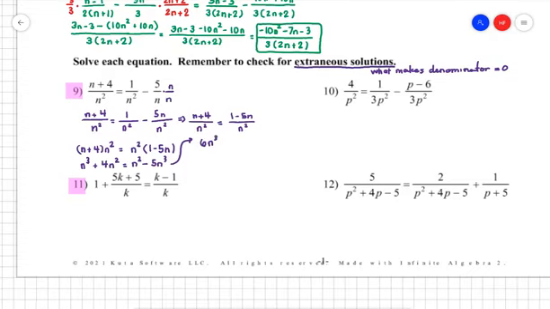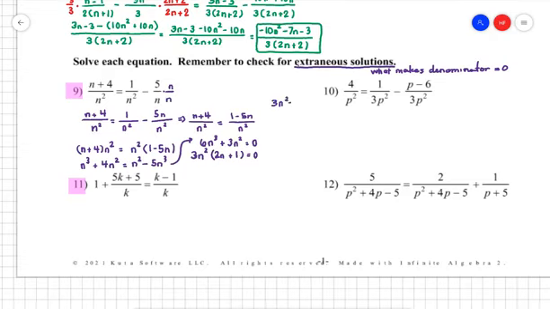Move everything to the same side. 6n cubed plus 3n squared equals 0. Factor out 3n squared, and I get 2n plus 1 is equal to 0. And then I'll take each of those and set it equal to 0 to solve.